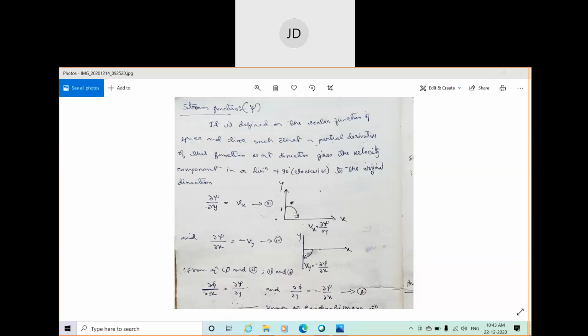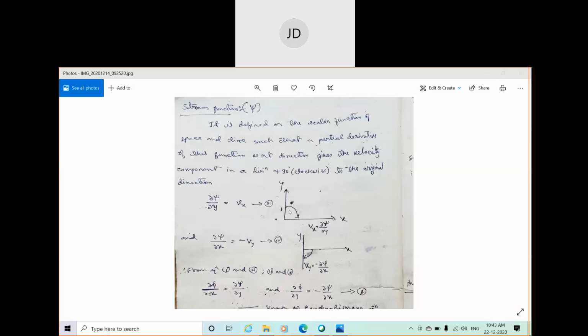Now if you take the partial derivative of stream function, this is xi, with respect to the y direction, you will get a velocity component which is in a direction 90-degree away but in a clockwise direction.